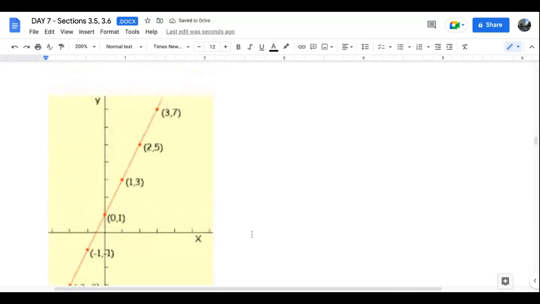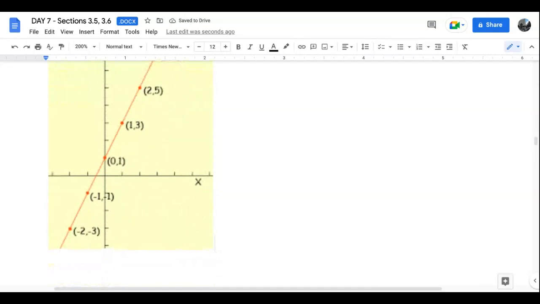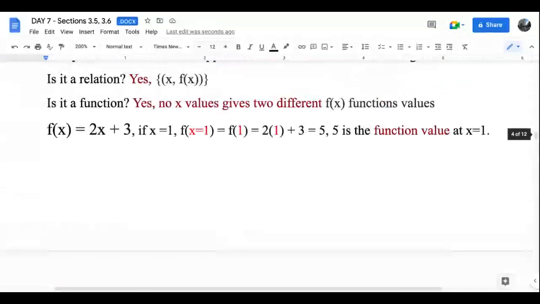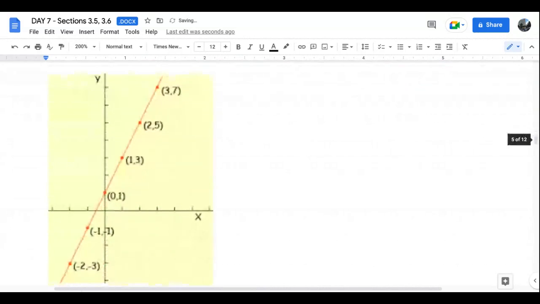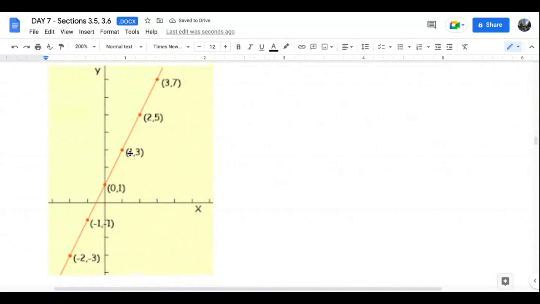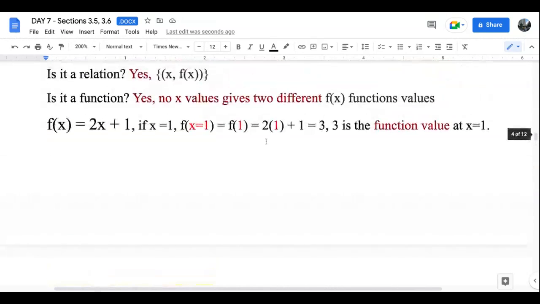Okay, so this is a graph of y equals 2x plus 1, or f of x. It's for this one. f of x equals x. Oh, this is plus 3. Actually, let me change this to be 1. Right? So this is a graph. We see 1 comma 3 is here, right? Because this one we plug in 1.